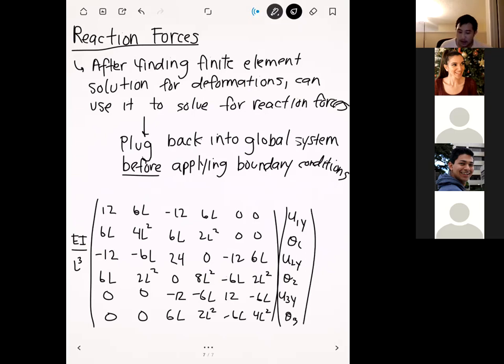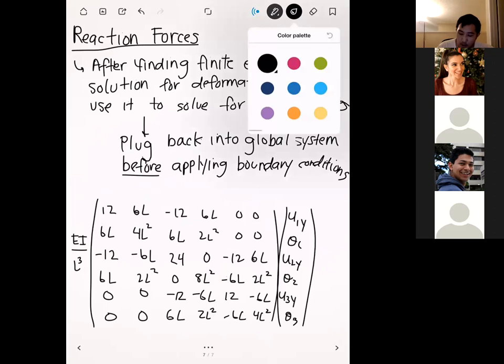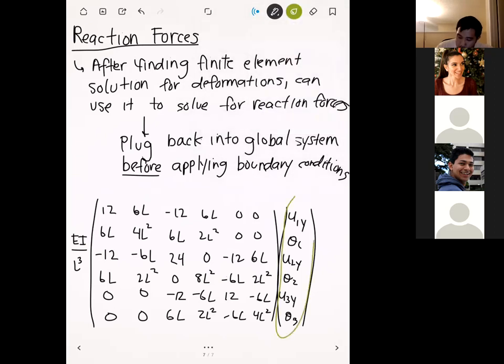At this point, remember, this is after we solve the finite element problem, so all of these are known, and you simply plug those in. After performing this matrix vector multiplication, you're going to get all the reaction forces at all the nodes.